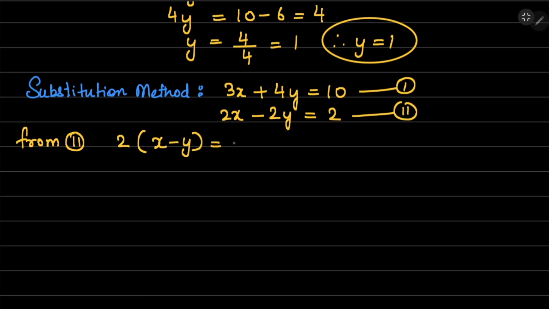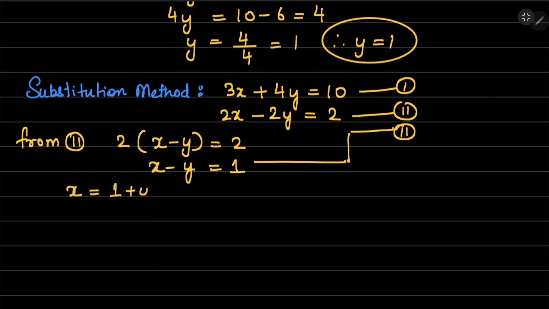So in the LHS, you will have x minus y, and on the right, 2 by 2, which is 1. So this is also your equation 2. Now x is nothing but 1 plus y. Right? Let it be equation 3.